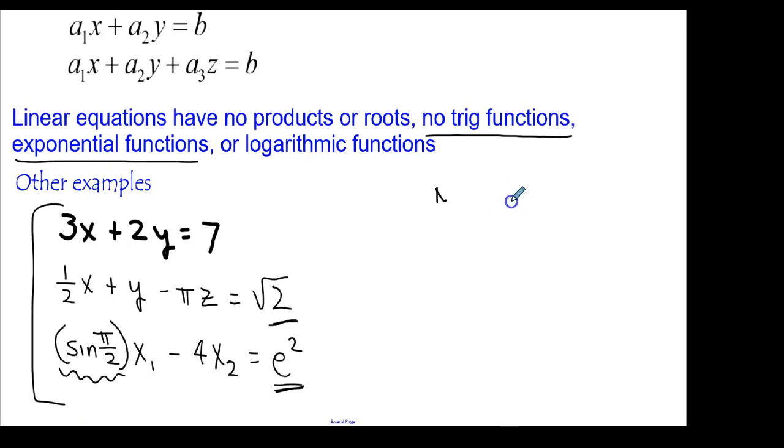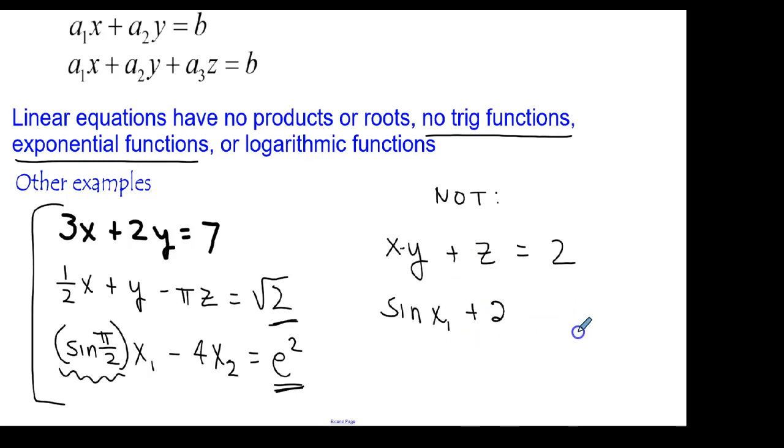Some examples that are not linear, just so you can be clear to understand the difference. x times y plus z is equal to 2. We have a product that makes it not linear. Sine of x sub 1 plus 2 times x sub 2 minus 3 times x sub 3 equals 0.